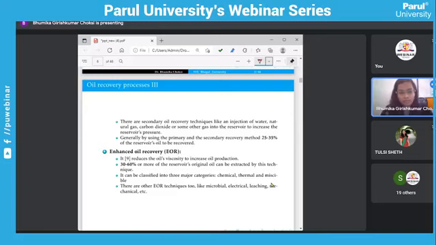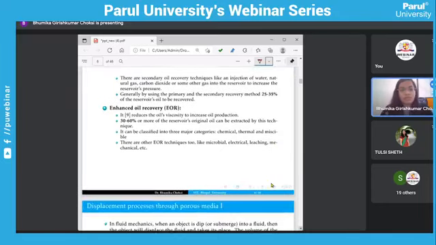Among other processes, you can say microbial injection, electrical, leaching, or mechanical injection type of process. By this enhanced oil recovery process, we can get again only 30 to 60% oil from the oil reservoir. This is the highest limit. Still, there is more research and innovation to extract the maximum percentage of oil from the oil reservoir.